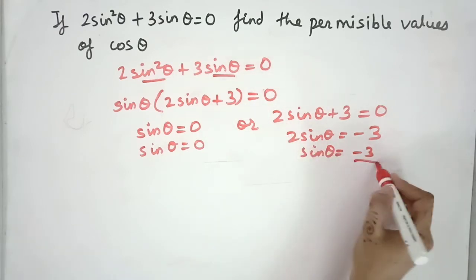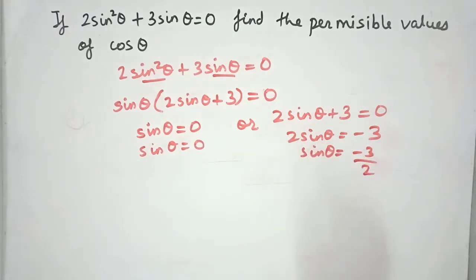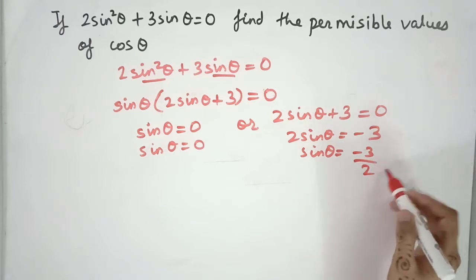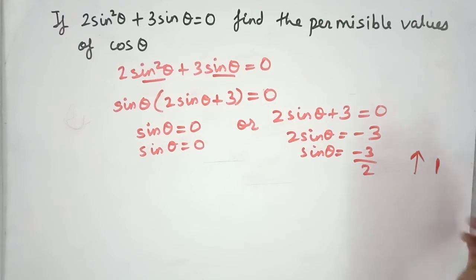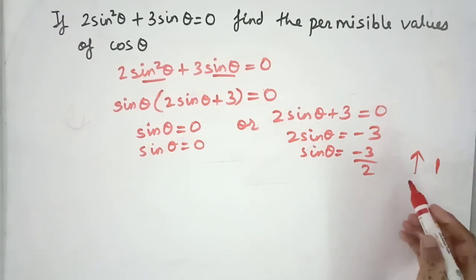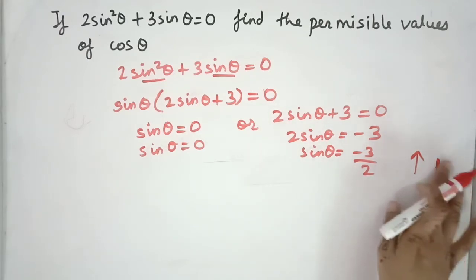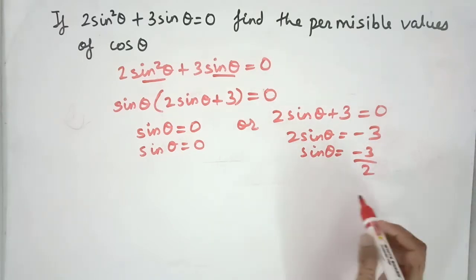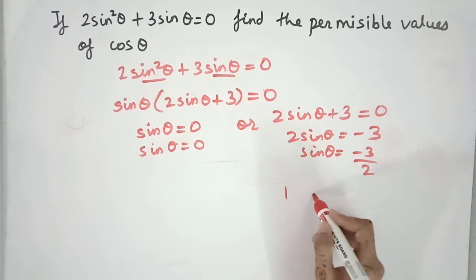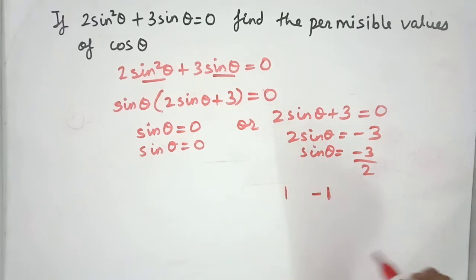This 2 will be shifted over here, that will be minus 3 upon 2. Now the value of minus 3 upon 2 is greater than 1, so this is not possible because the range of all the trigonometric ratios is always between 1 and minus 1.